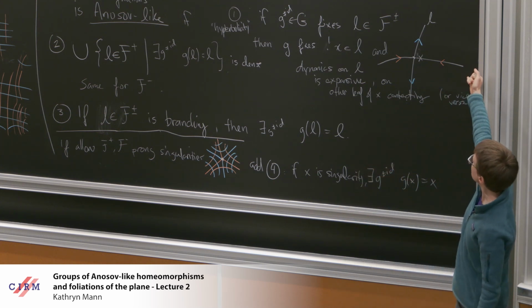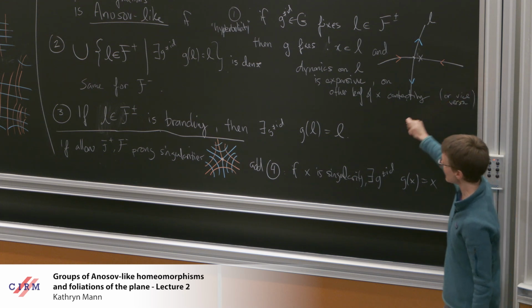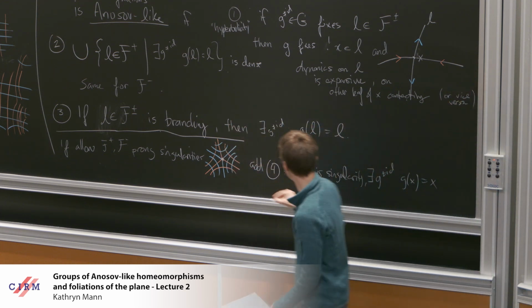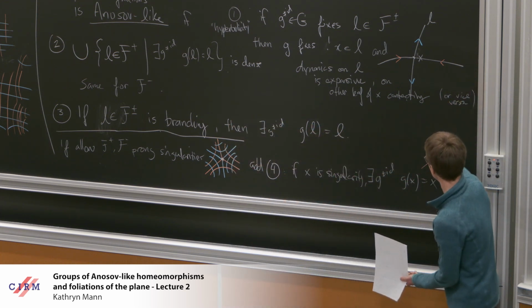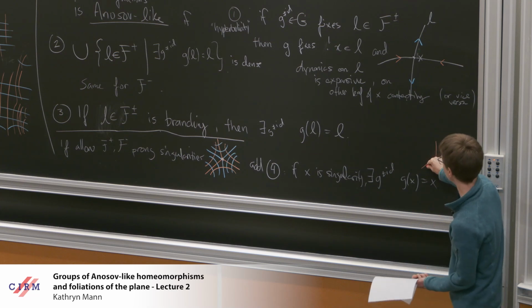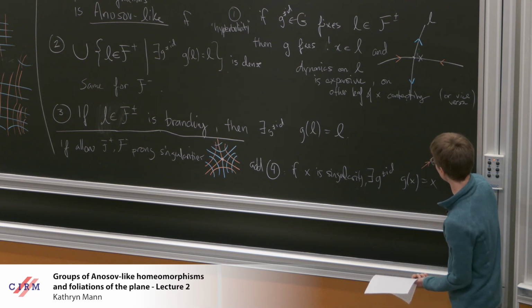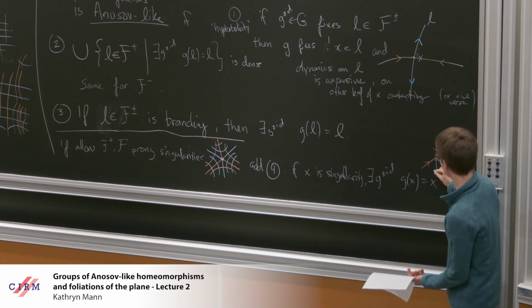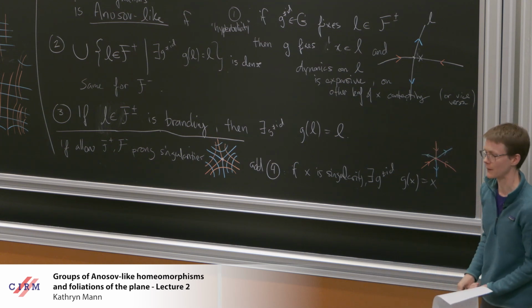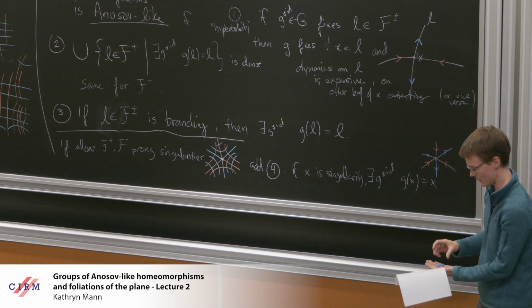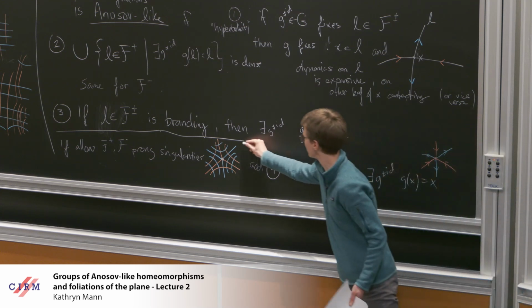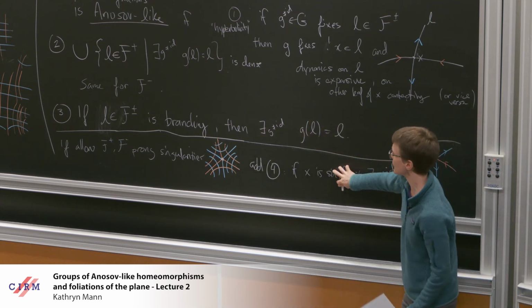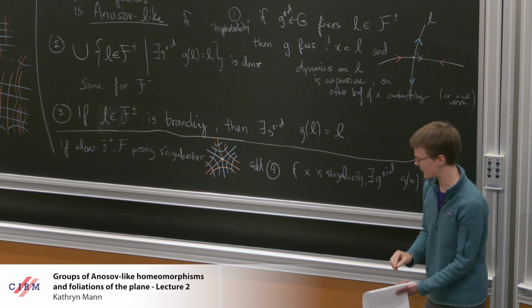And expanding, contracting behaves in exactly the same way. The singular leaf has some prongs. I should say that it's contracting on one of these leaves through this fixed point and expansive on the other, just like the standard model of a pseudo-Anosov homeomorphism of a surface. Okay, but I will mostly not talk about things with singularities just to keep things short.